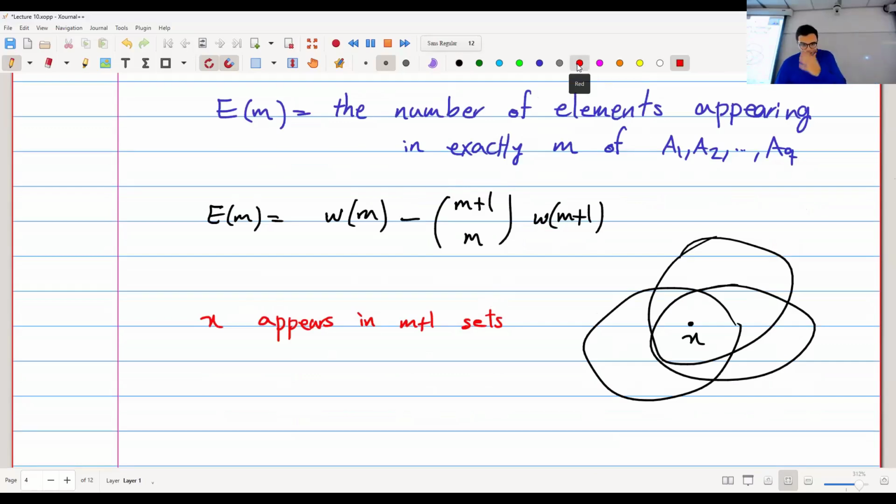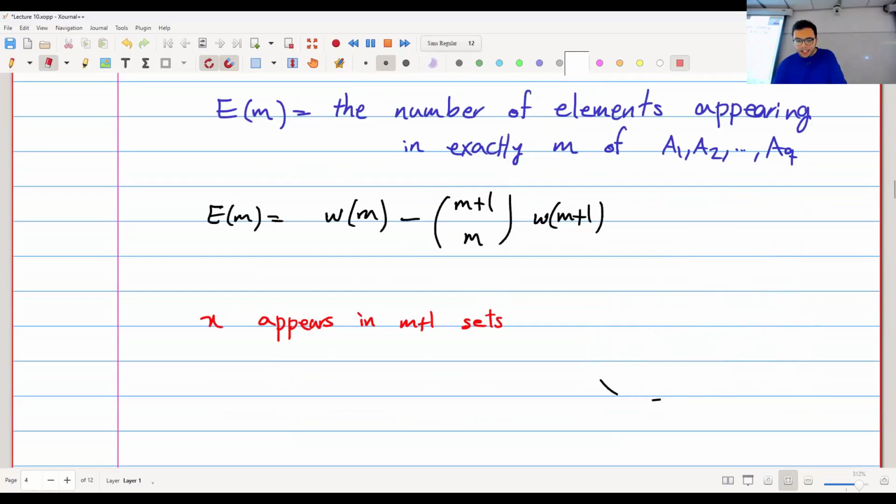So the next case is this. Let's say I now have some element X that appears in exactly M+2 of my sets. On the left-hand side, I'm not counting X, so I have to fix the right-hand side so that it doesn't count X. So how many times is X counted on the right-hand side?